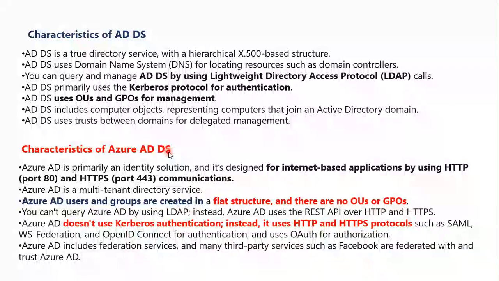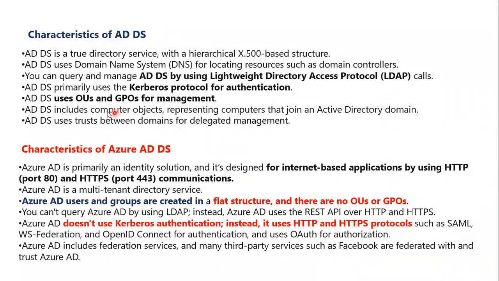Here I have just highlighted a few points. Even in interviews they will ask this question, so I made a few top points you can read, but I will highlight some here. Our on-prem Active Directory works with the LDAP protocol. Azure Active Directory is internet-based, using HTTP and HTTPS ports to communicate.